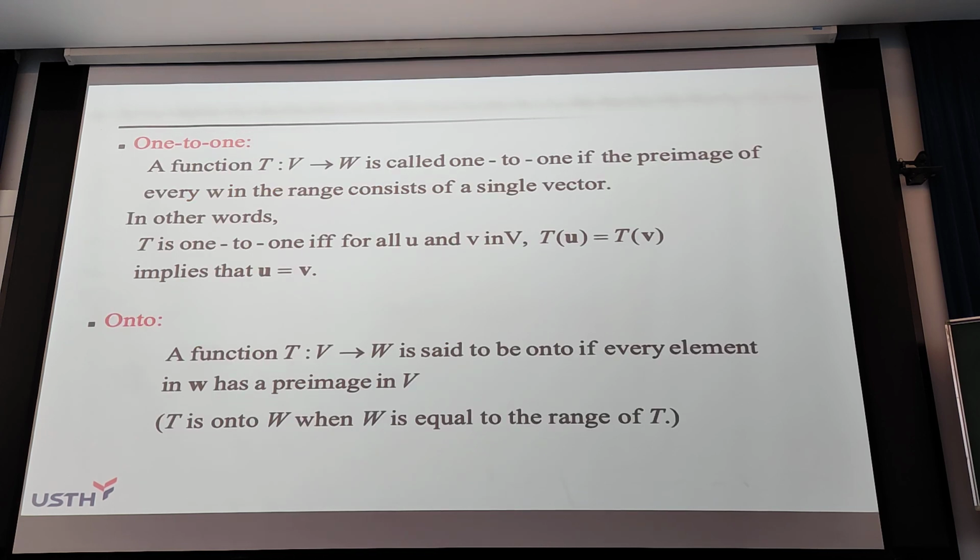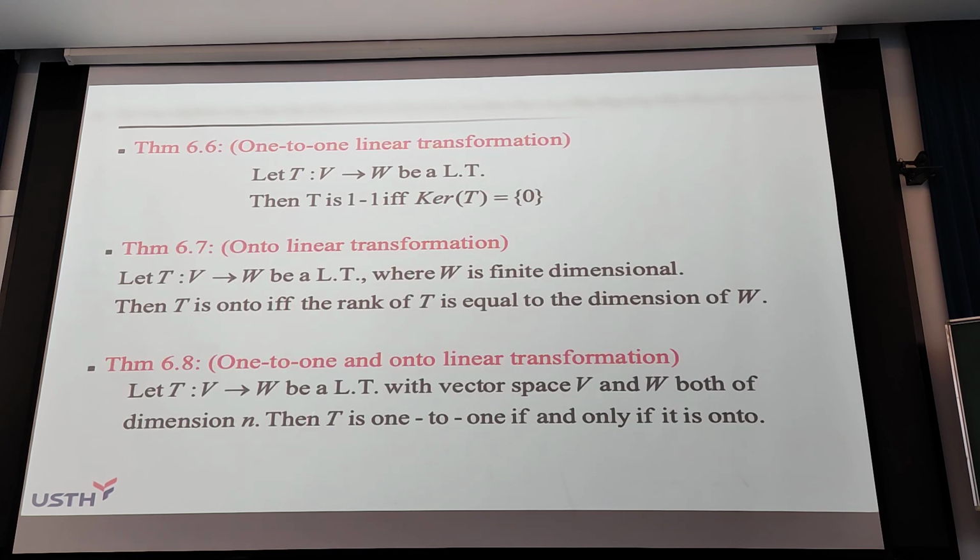And after that, we define the notion of one-to-one and onto mapping. I will not repeat it here because I explained it to you at least twice last week. And here we say, in order to find a mapping to be one-to-one, it is not so easy.